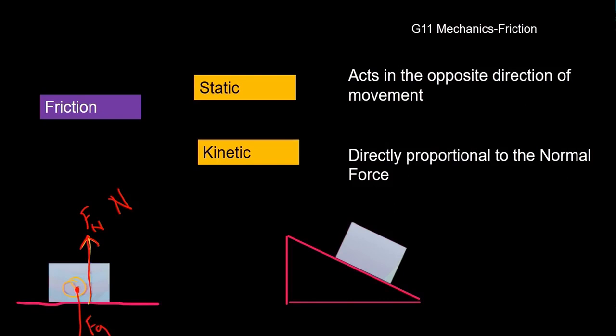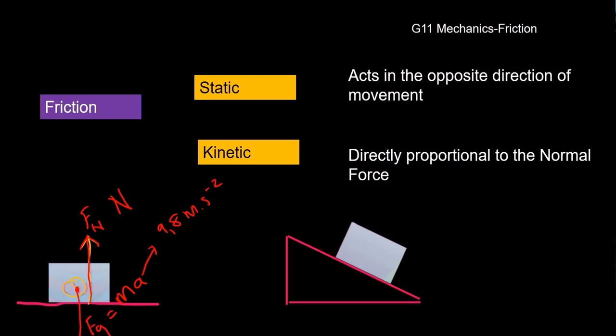And we know that as being mg, from Newton's laws. So the force of gravity is equal to the mass times gravitational acceleration. So the mass of the object and the acceleration is 9.8 meters per second squared. We know that, right? So this is what the frictional force is related to.